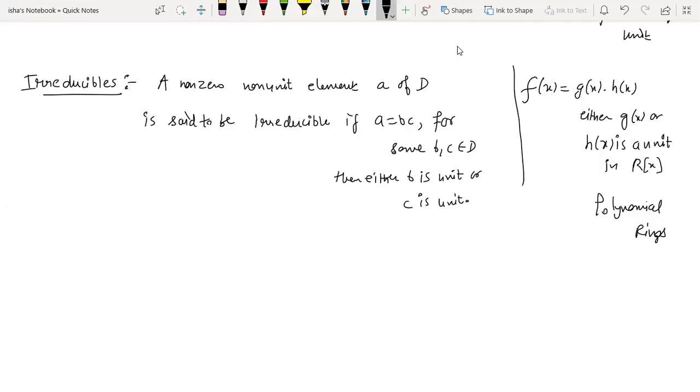So you can see the definition is similar. In fact, the definition is exactly the same. So we have a non-zero non-unit element.